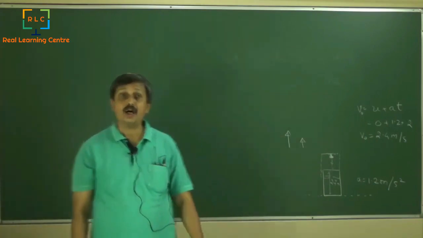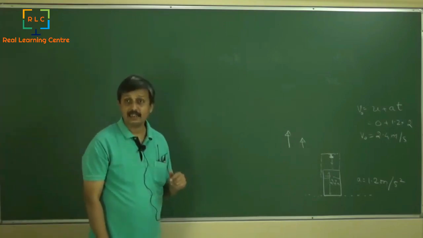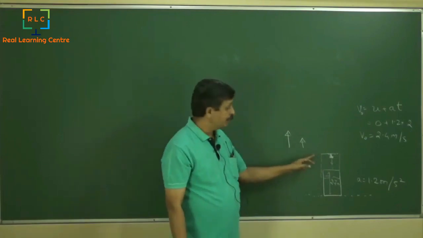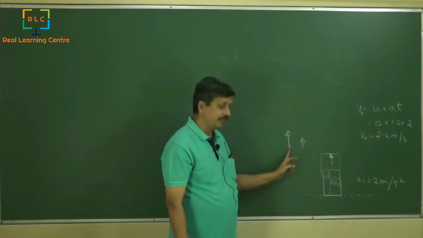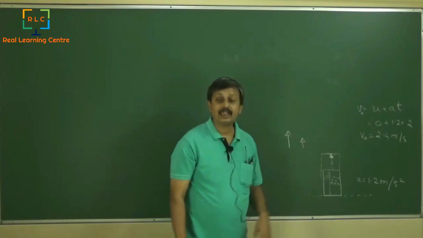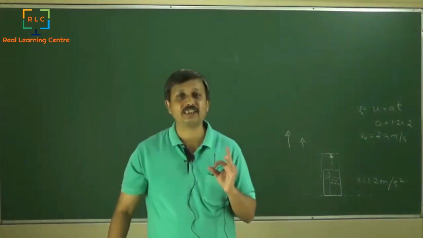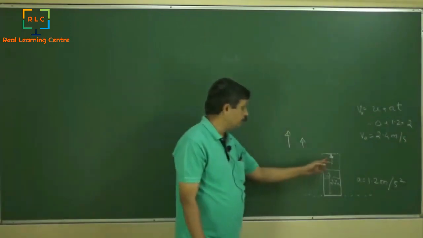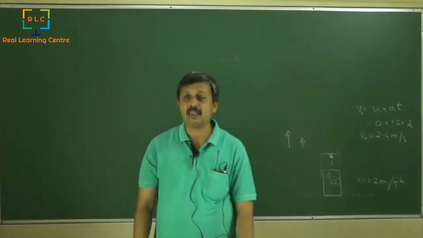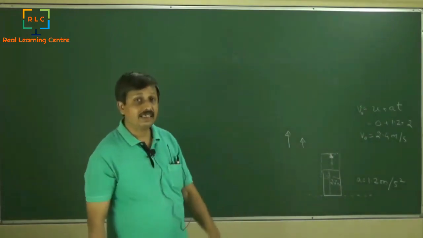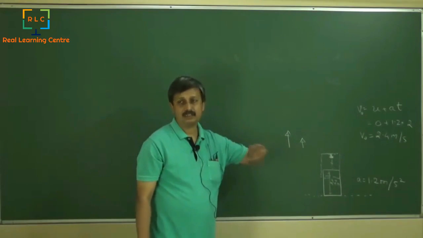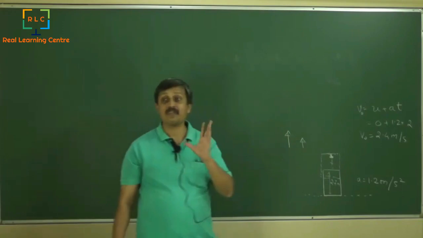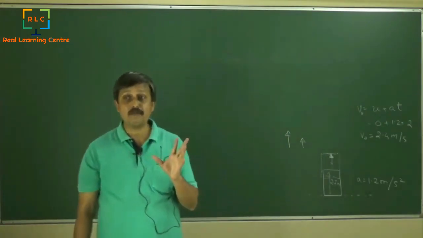Okay. Now, we can clearly say at this point of time, by using relative velocity, at that exact instant when it detached, the relative velocity of the lift with respect to the bolt is 0. Because the lift also is at 2.4 meter per second and the bolt also is at 2.4 meter per second. Relative velocity is 0. Okay, we can take that as the starting point for us. So we will consider everything with respect to that frame of reference. That frame of reference is what?